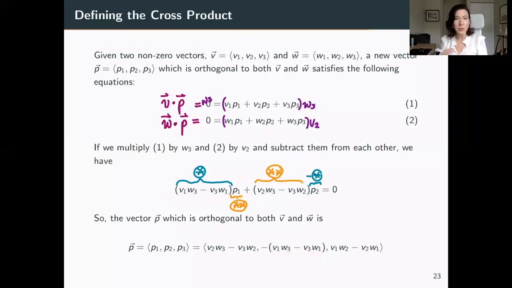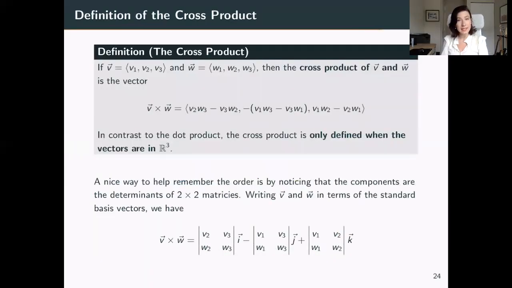We can then do a little bit more algebra to show that the third component, P3, should be equal to V1 W2 minus V2 W1. This leads us to the formal definition of the cross product of two vectors v and w. Given two vectors in their component form, the cross product of those two vectors is given by the following component form vector, as was motivated in the previous slide.